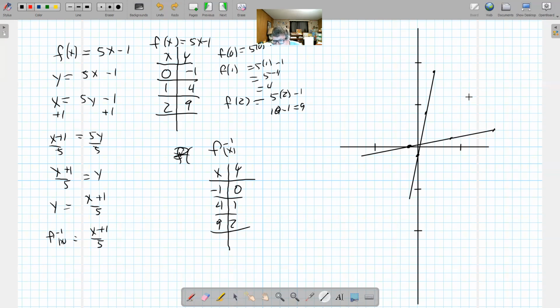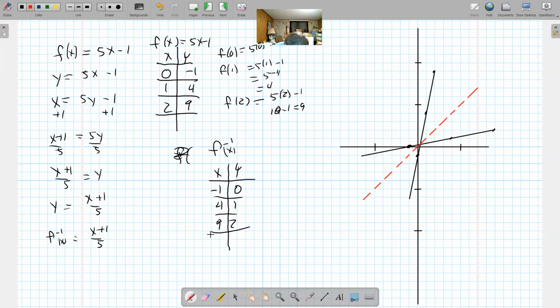Okay, let's try this again. That should do it. Okay. Now, I want to make this a dotted or dashed line.